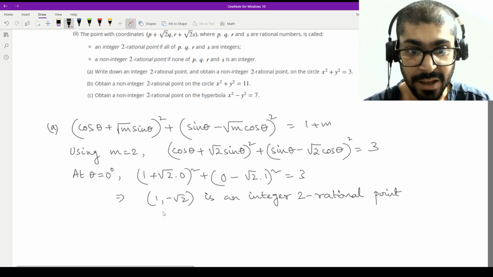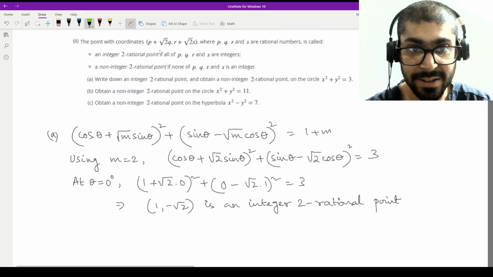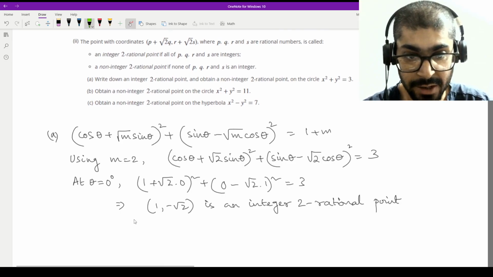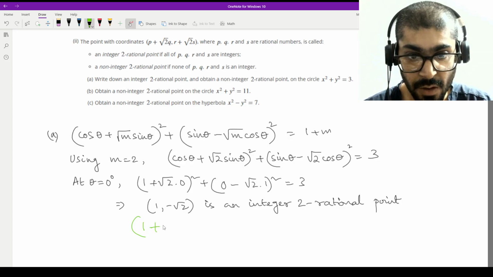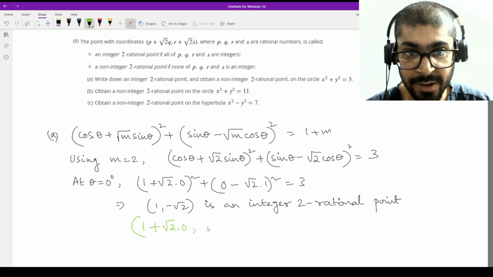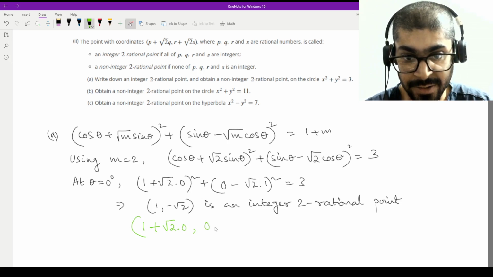If I explain it like this, p plus root 2 into q, this one is in the format of 1 plus root 2 into 0 comma 0 plus root 2 into minus 1, right?